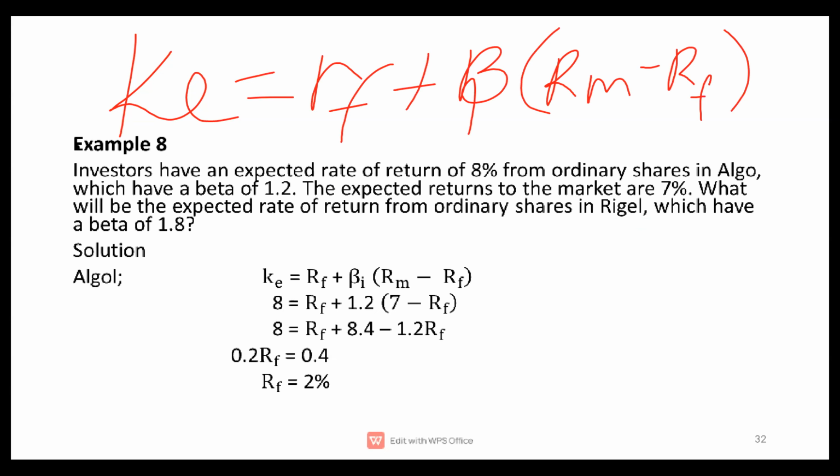So therefore, what was our risk-free rate? We found 2%, isn't it? 2 plus the beta of 1.8 multiplied by the return from the market, 7%, minus the risk-free, which is again 2%, right? What is the cost of equity for this company?